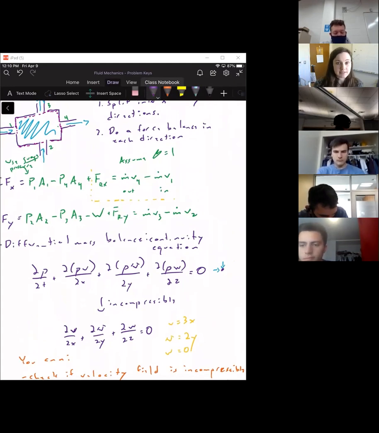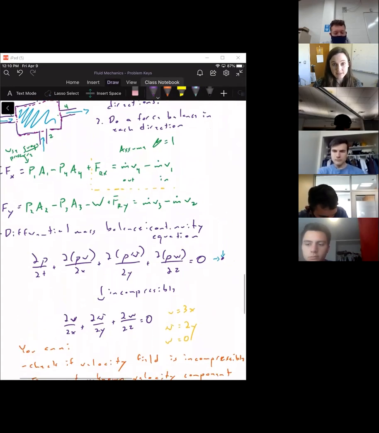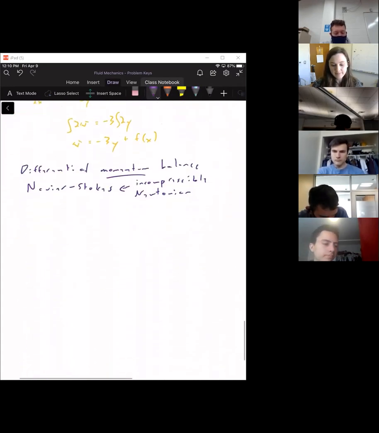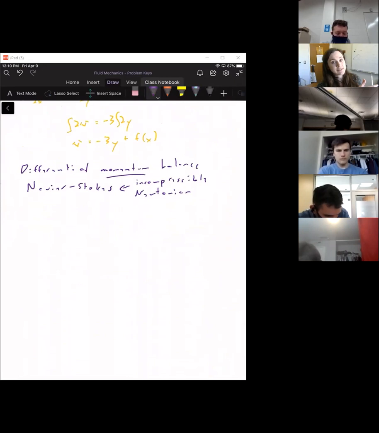What has viscosity got to do with that? So yes, that's general. Navier-Stokes is only for a Newtonian, and the reason is because it has a force balance. It has a balance of forces on it. The way that the viscous force changes as the velocity changes is going to affect how everything plays out. That is the conceptual reason why the version we have is only for Newtonian flow.